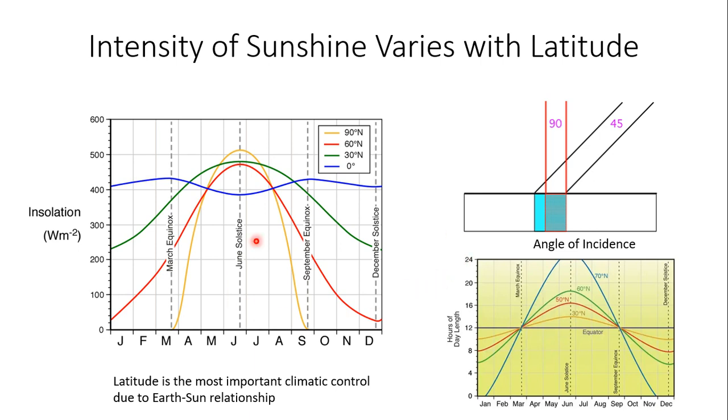Now look at 30 degrees north. Notice how there's a difference here. The slope of this green line is becoming greater because we're going further north in latitude from the equator. In the January time period at 30 degrees north, my incoming solar radiation is just above 200 watts per square meter.